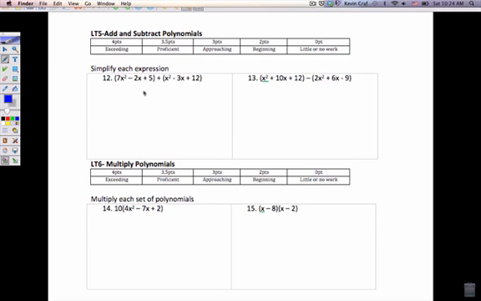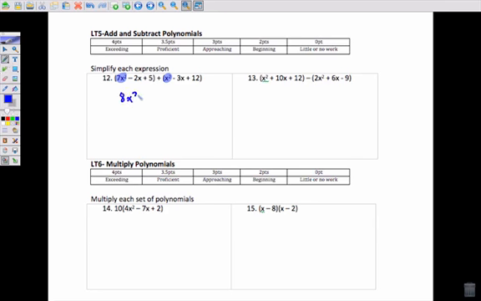Learning targets 5 and 6, I'm just going to do at the same time. They're fairly closely related. In adding and subtracting polynomials, in class we talked about how this is basically just combining like terms. So we've got a 7x squared, and then later we're going to add an x squared. So that's going to give me a total of 8x squared.